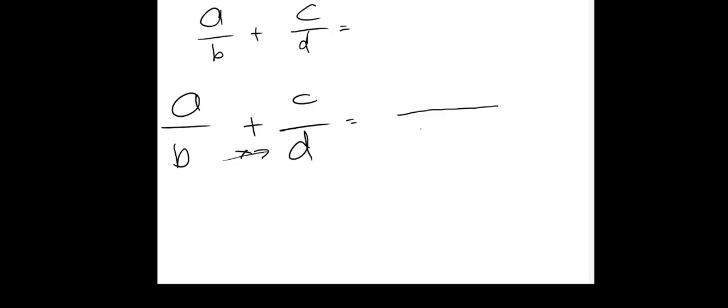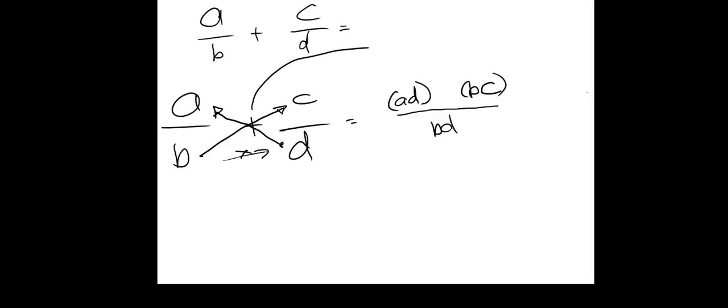So B times D is BD, and then it's bottom to top, we multiply, so D times A, and I'm going to put it in alphabetical order, B times C, and the plus comes over.